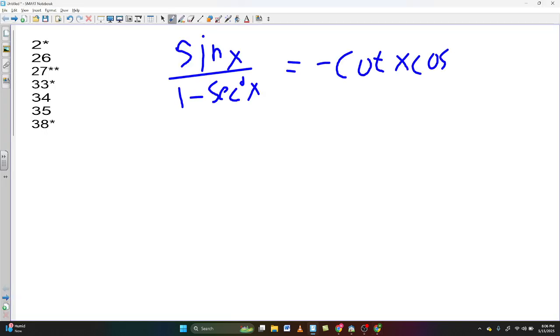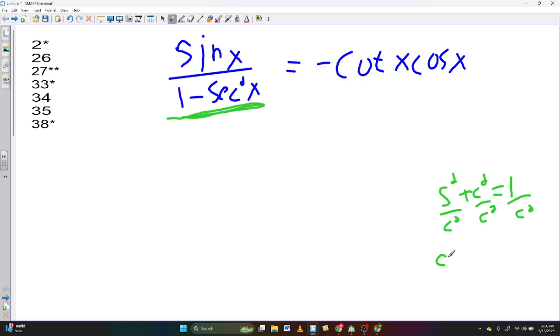So two people asked me for this one, so I figured I could do it. Looks like the left side's more complicated. I hate when we have two terms in the bottom of a fraction, so I'm going to try to find a trig identity that will get rid of that. Secant would happen if I divide by cosine.